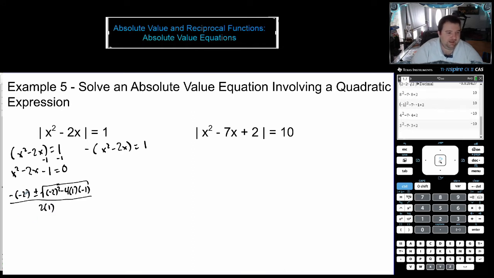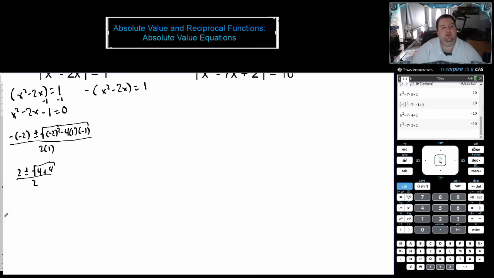All right, negative 2 is going to be positive 2, plus or minus the square root of negative 2 squared, which is 4, minus 4 times negative 1, which is negative 4, so minus negative 4, which is plus 4, over 2 times 1, which is 2. Okay. This is going to be 2 plus or minus root 8 over 2.